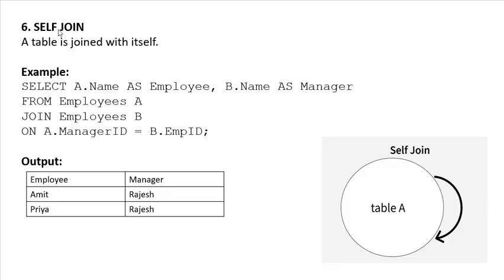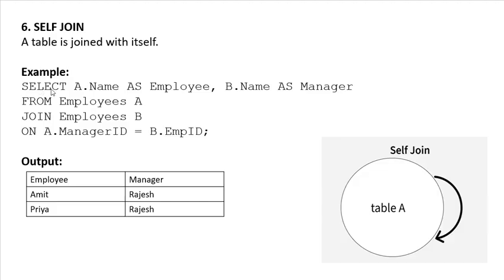And sixth is a self join. The table is joined with itself. The image shows a self join, where table A is joined with itself.